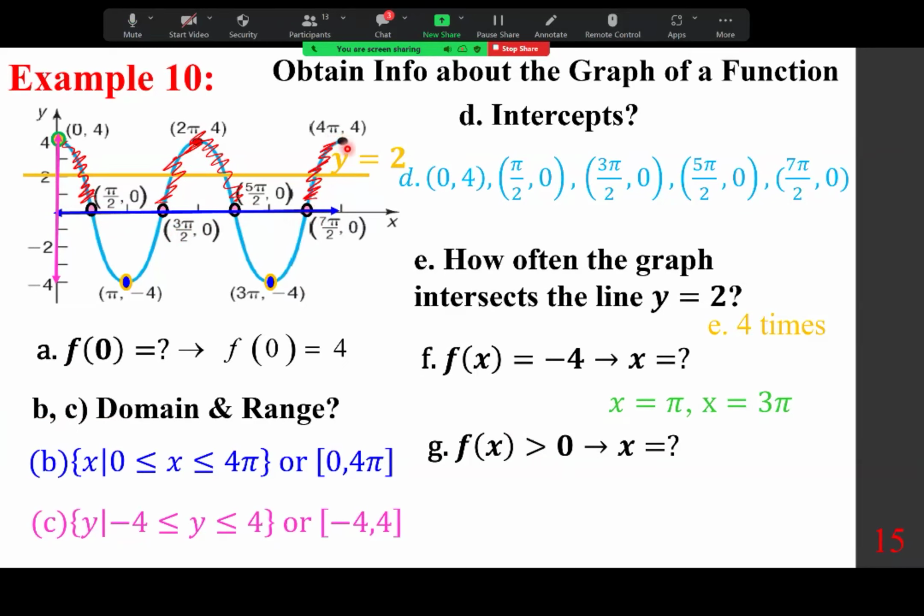Is 4 pi included? Yes, it's above. But is 7 pi over 2 included? No. So we write 0 to pi over 2. 0 is included, pi over 2 is not. Union 3 pi over 2 to 5 pi over 2, none of them included. Union 7 pi over 2 to 4 pi, where 7 pi over 2 is not included and 4 pi is included.